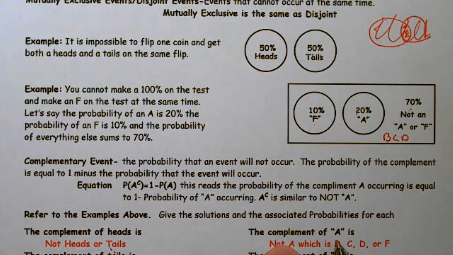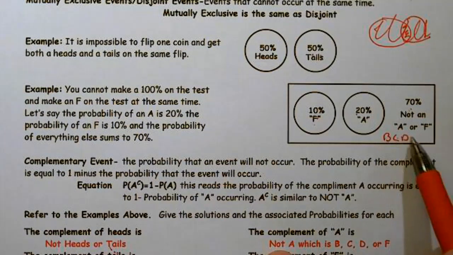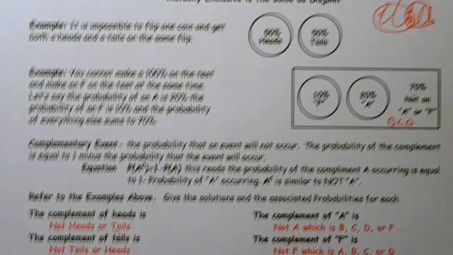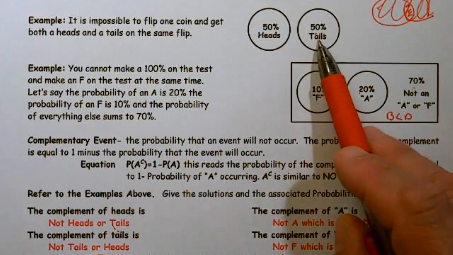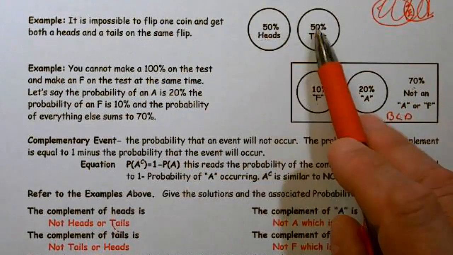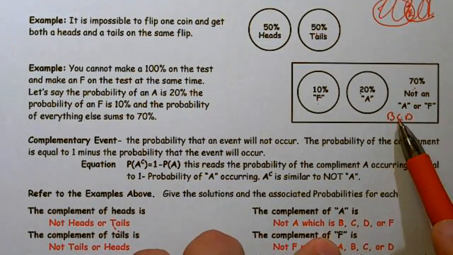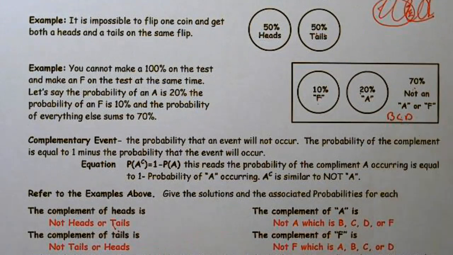The complement of A would be not A, which in this case would be B, C, D, or F. All right, the complement would be what it's not. The complement of tails would be heads, or just saying not tails. The complement of F is not F, which would be anything but F, which is A, B, C, or D.